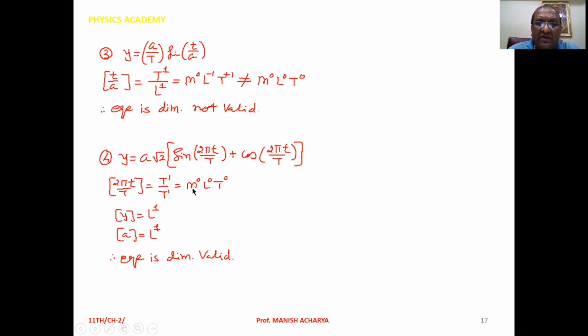So resultantly you are getting M^0 L^0 T^0, dimensionless. Now y is displacement, so L^1. For a, the maximum displacement, again L^1. So resultantly the dimensions of the left hand side and the right hand side are the same. So the equation is dimensionally valid. Clear?